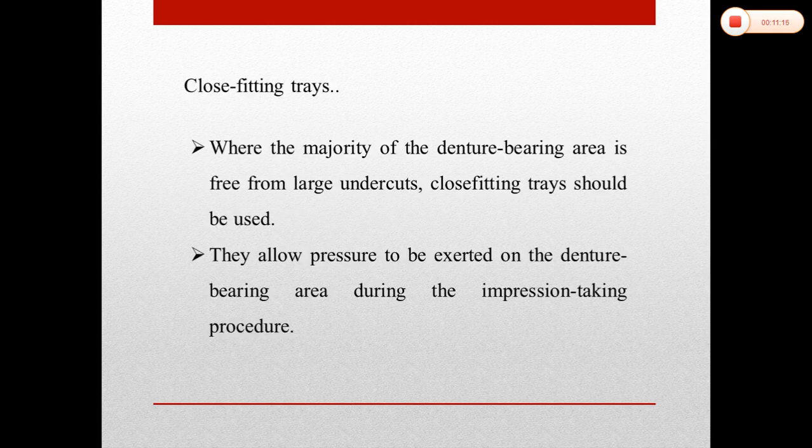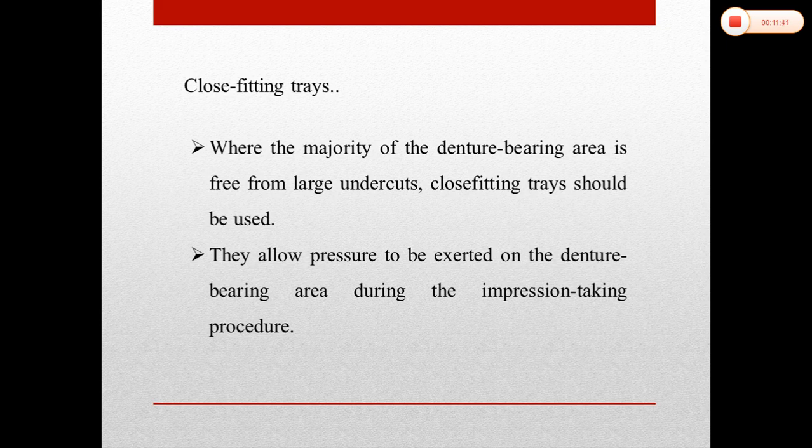So what are these close fitting special trays? These are used where the patient does not have any undercut present in the oral cavity. That means there is no problem in seating the special tray in the patient's mouth, and no hassle in taking it out.